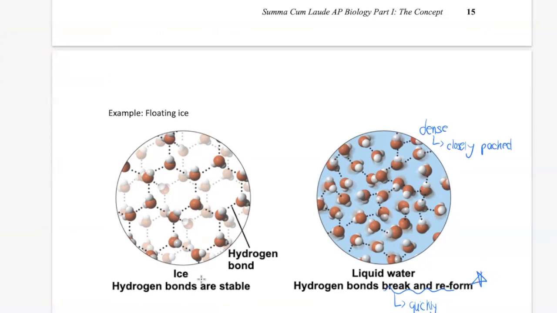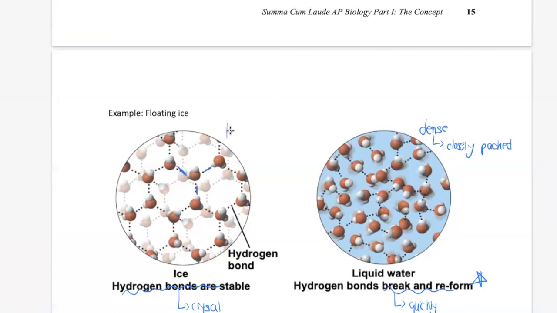But in ice, we see something called a crystal structure, where hydrogen bonds are no longer moving, they're stable, right? Because they no longer can move to one another or break or reform. This makes the hydrogen bonds spaced apart like this.